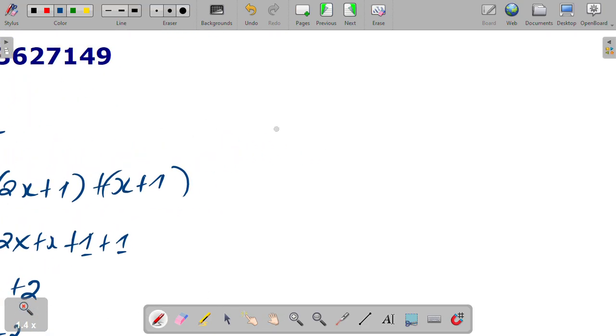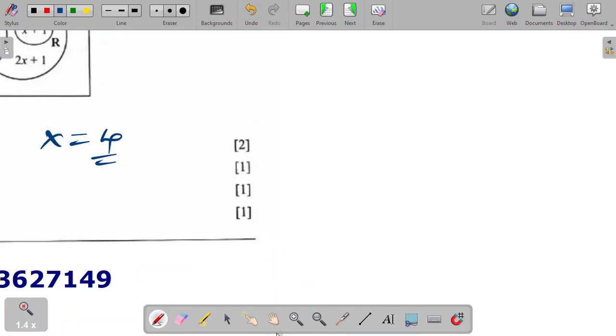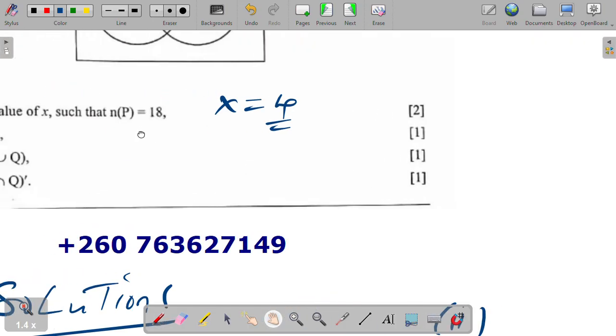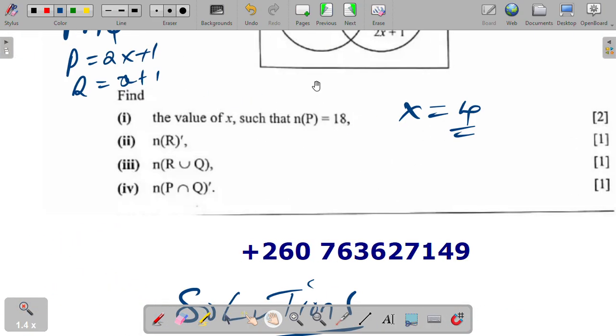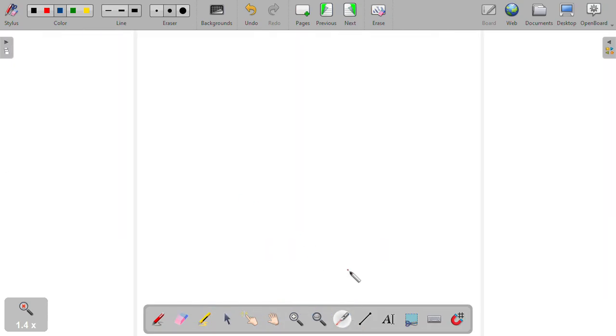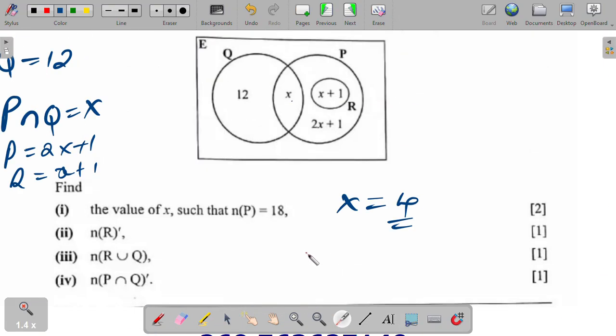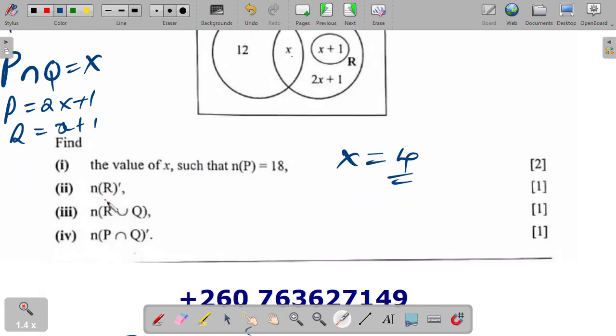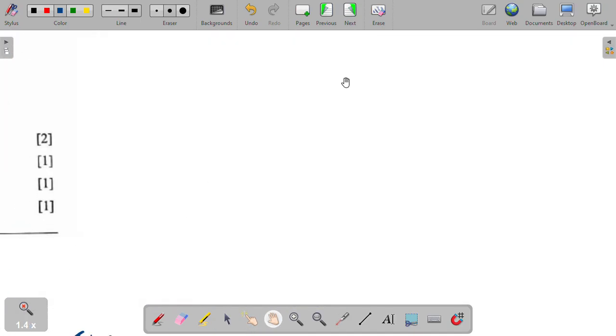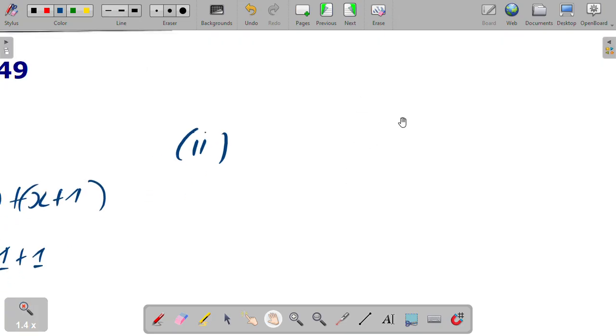Let me write here Roman numeral 2. And what is the question? The question is saying find the number of elements in R complement. Let me write this so that I explain what the examiner is asking.